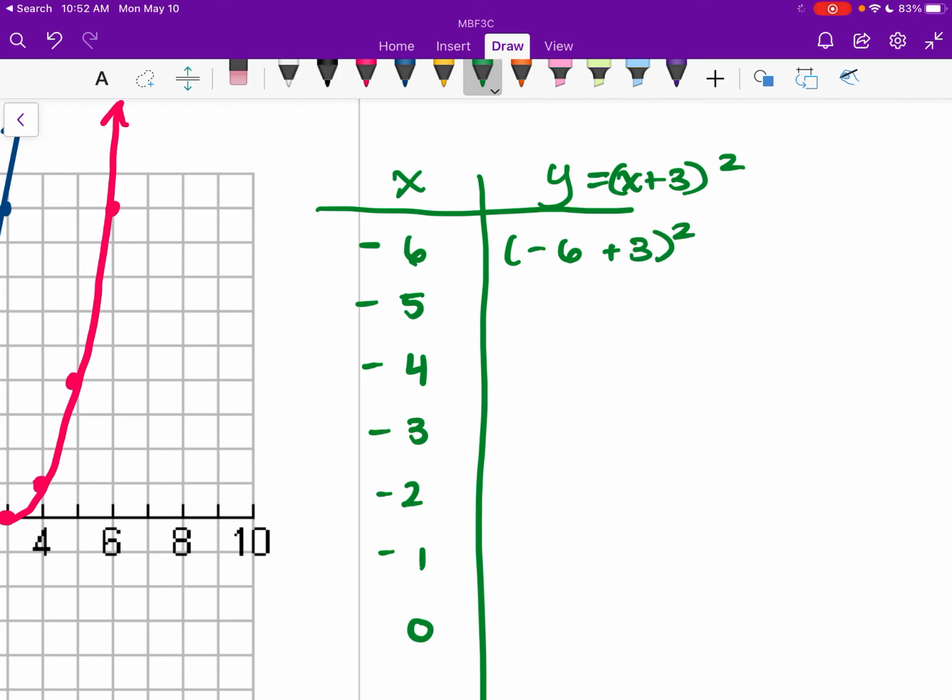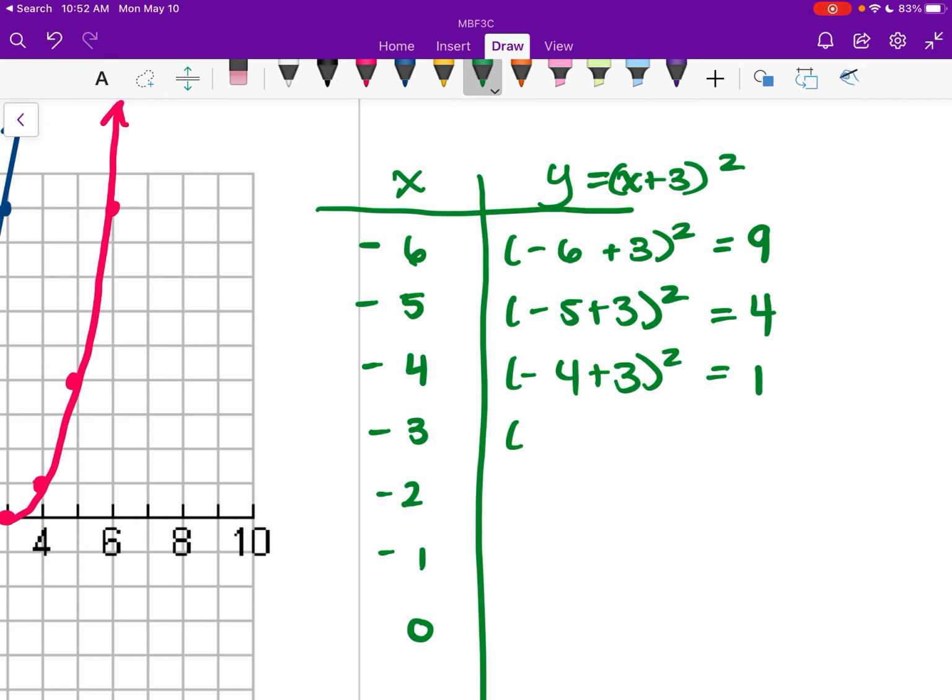So I know -6 plus 3 is going to give me positive 3. I'm sorry, -3. -3 squared is 9. -5 plus 3 is going to be -2, squared is 4. -4 plus 3 is going to be -1, squared is going to be 1. -3 plus 3 is 0.